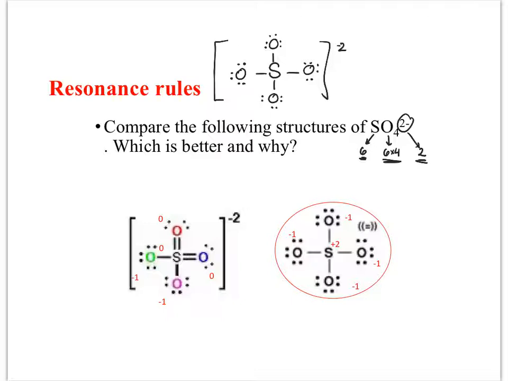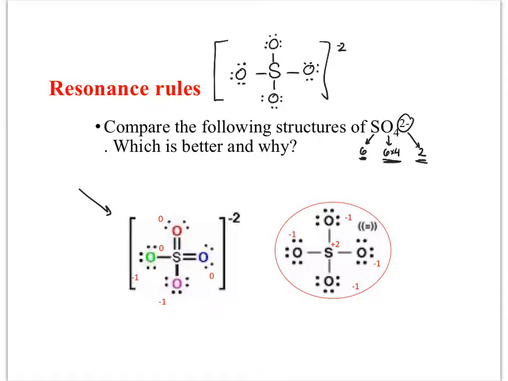Another possibility happens because sulfur has the ability to have an expanded octet. Sulfur is a third row element, so it can have more than 8 valence electrons. Okay, so that's where this other structure comes from.